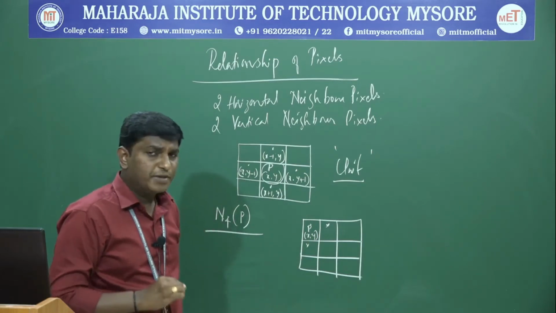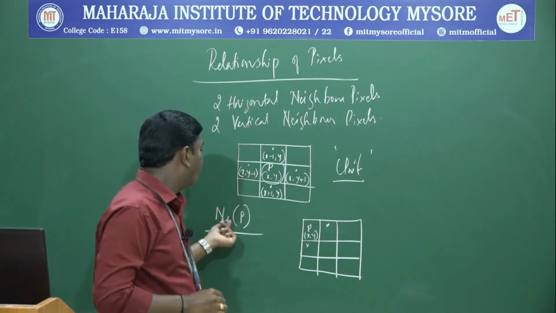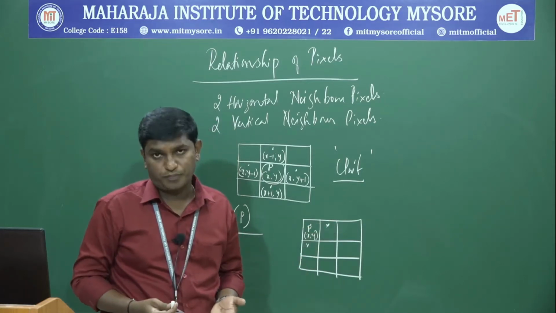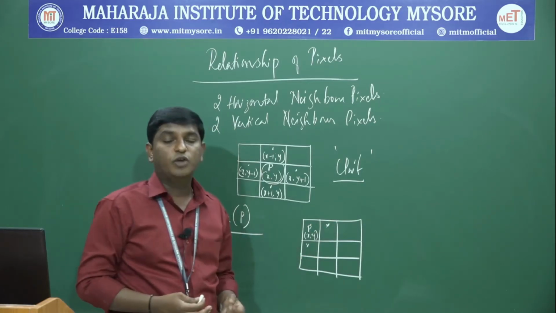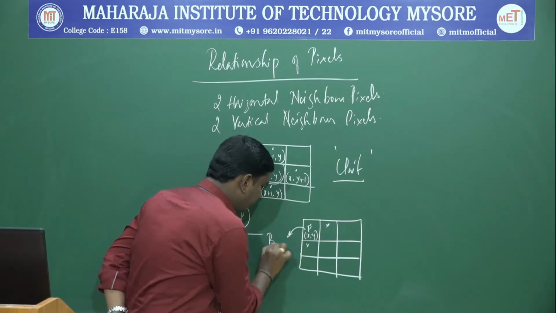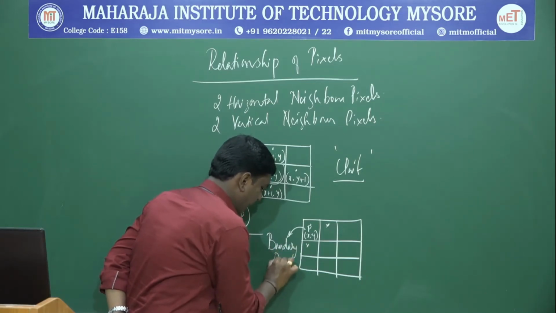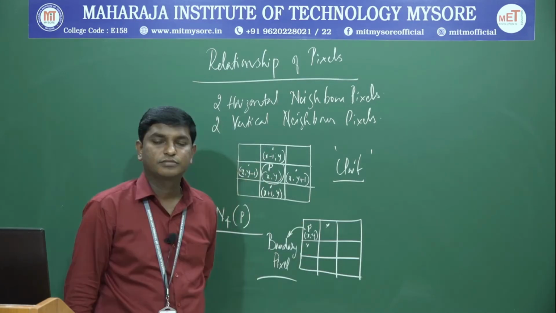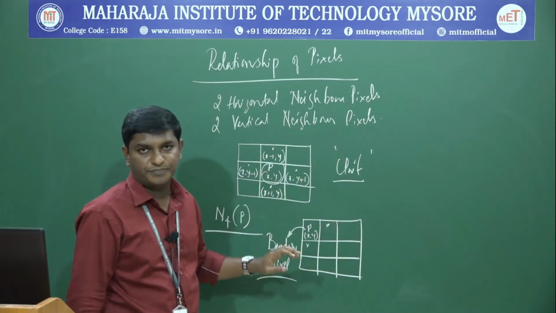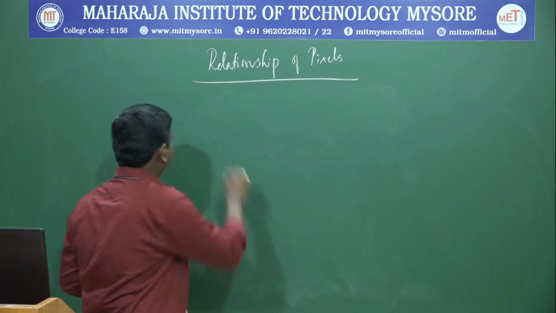Therefore, every pixel we pick does not necessarily have 4 neighbors. It might have only 2 neighbors. Such a pixel which has only 2 neighbors is called a boundary pixel. Got it? So with this impression, we will move ahead. Now we will discuss the diagonal neighbors.